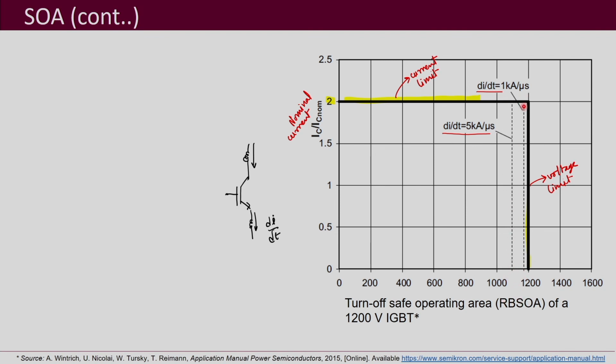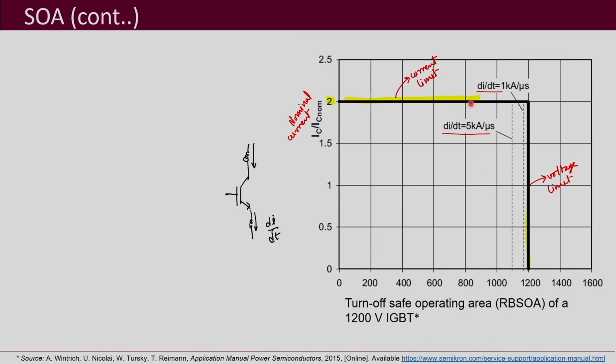You can see here that this line corresponds to 1 kilo ampere per microsecond, and as this di by dt increases to 5 kilo ampere per microsecond, you can see that this SOA is reducing.